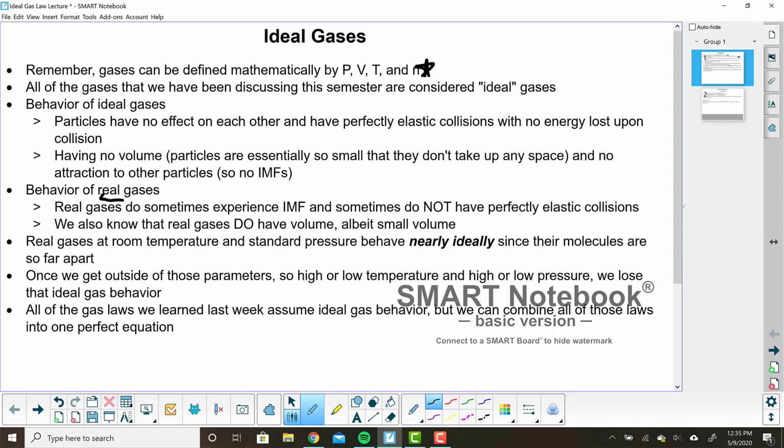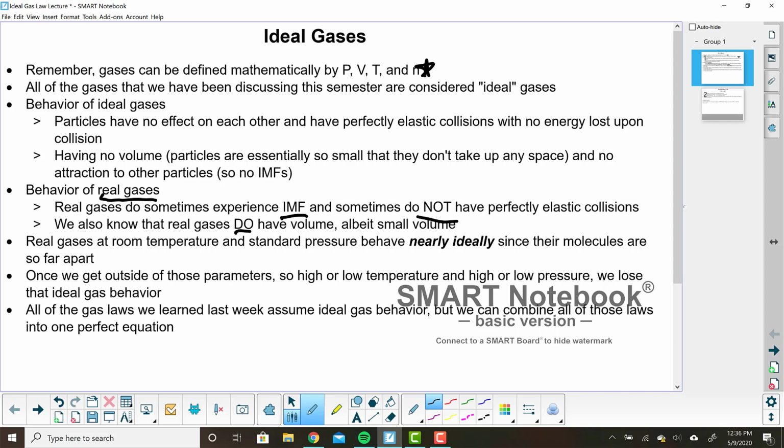In real life, these gases do experience intermolecular forces, and they do not have perfectly elastic collisions. They lose energy when they hit each other. We also know that those gases have volume. It's a small volume, but gases do have volume.